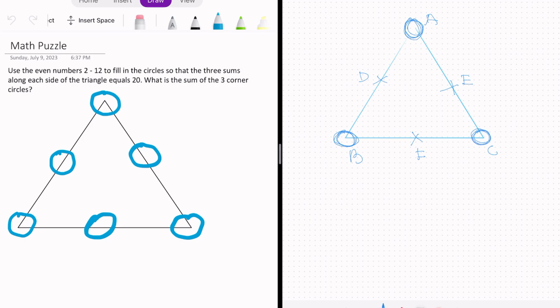And the numbers have to be all the even numbers between 2 and 12. So it could be 2, 4, 6, 8, 10, and 12.